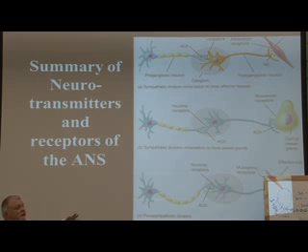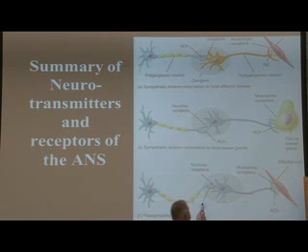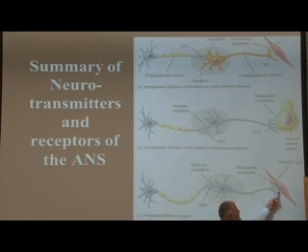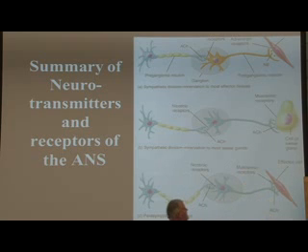So with the parasympathetic nervous system, which is the bottom, we would have acetylcholine being released by the synaptic vesicles of the preganglionic fiber and nicotinic receptors on the dendrites of the postganglionic fiber. And then at our organ, we're going to have acetylcholine as our neurotransmitter again, but those muscarinic receptors on the organ itself. And then at the top, we have the sympathetic nervous system where this is the same.